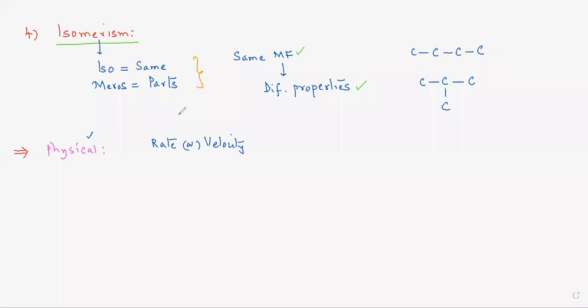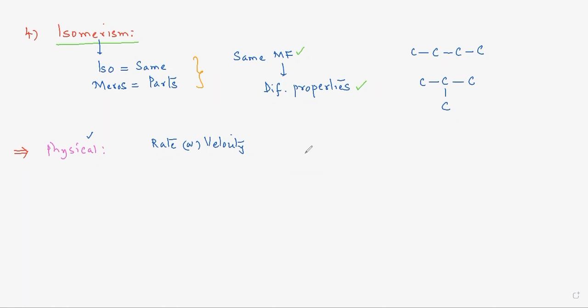See, there are slow reactions like the rusting of iron. We know that. Suppose an iron object is placed outside for months together, it gets rust, isn't it?